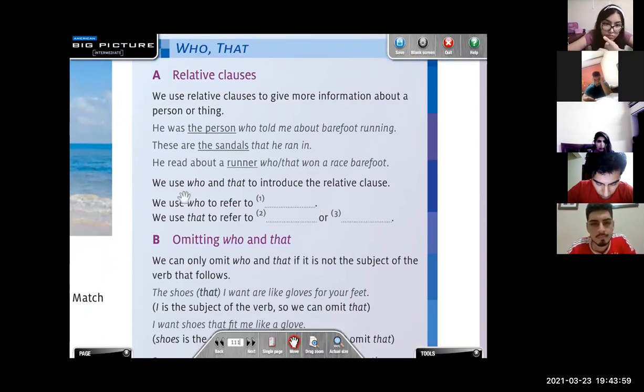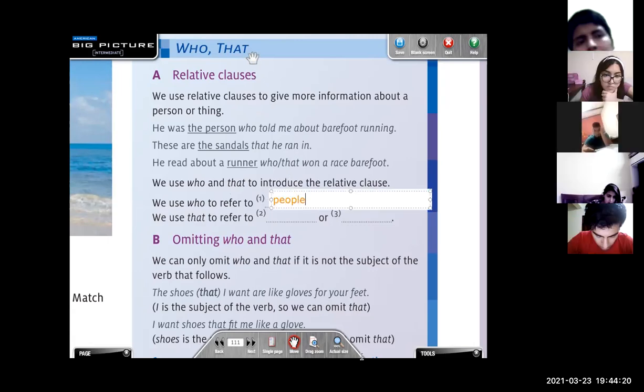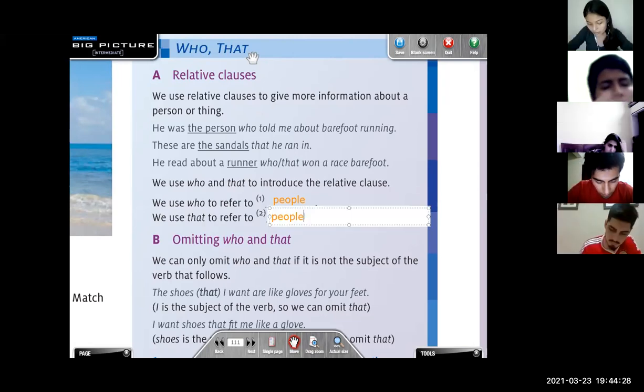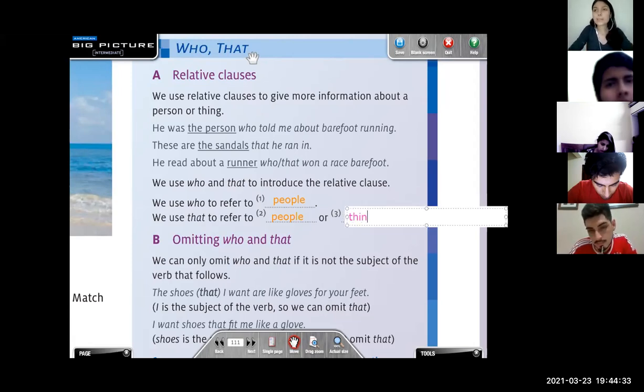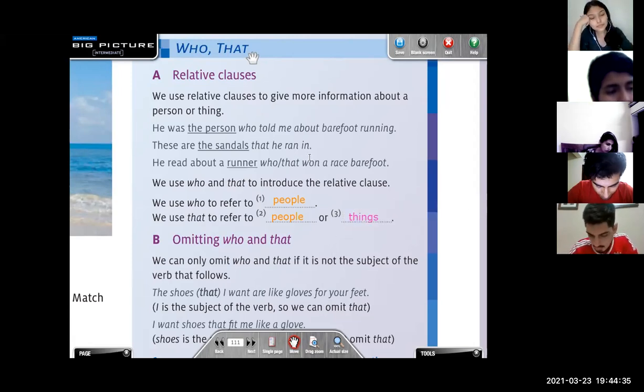So we use who and that to introduce relative clauses, to begin the relative clauses. We use who to refer to people, and we use that to refer to things, or people and things. Very good.